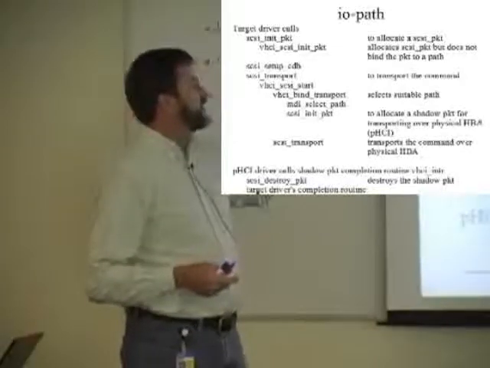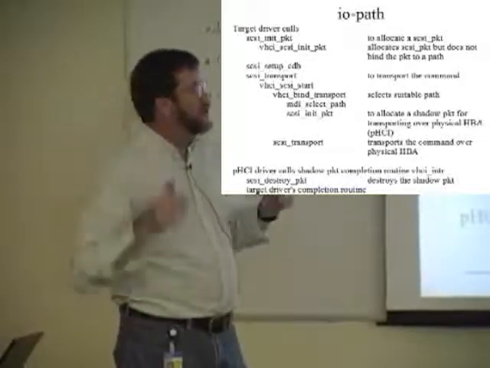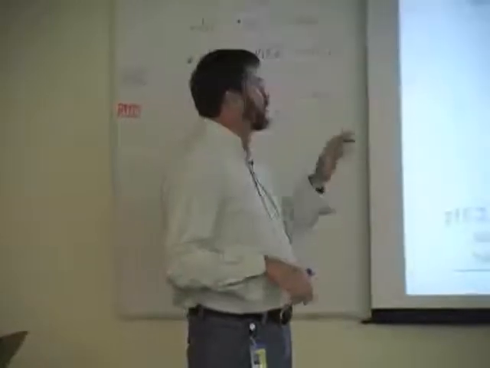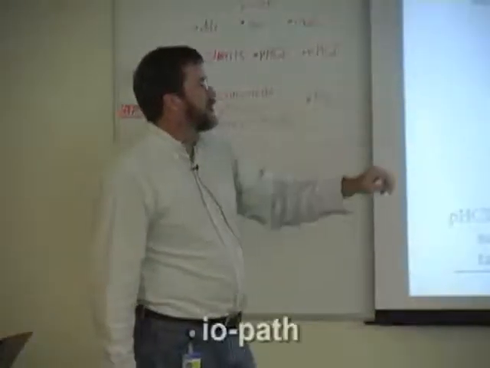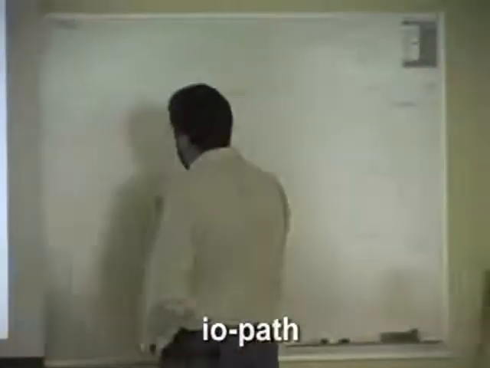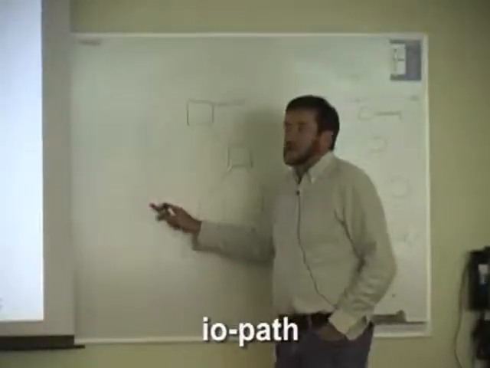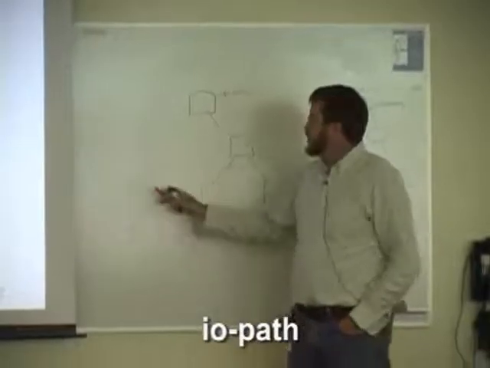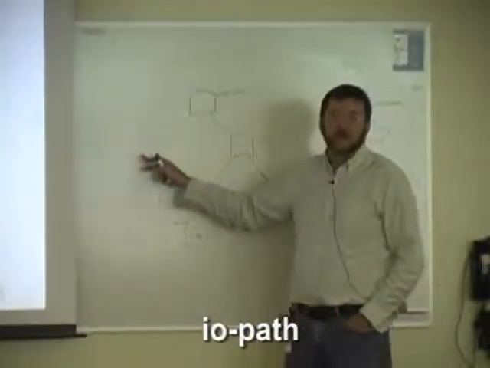This is a slide that talks about, okay, you're actually doing I/O. I went through this to some extent. You can look at the slide for detail, but basically the target driver is doing the same thing it always was, sending SCSI packets to the VHCI.